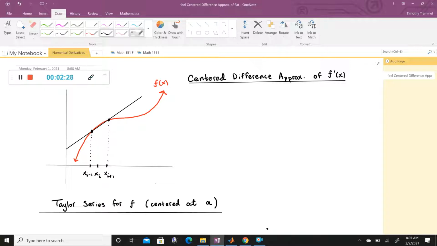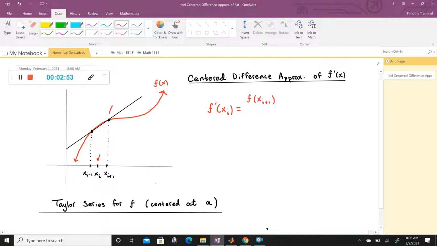And in order to do that, that would just look like, how about our derivative at x sub i is equal to the change in y. So we have f of x sub i plus 1.